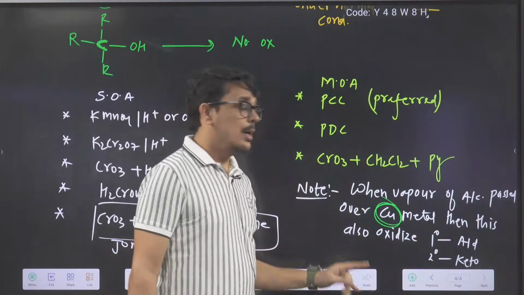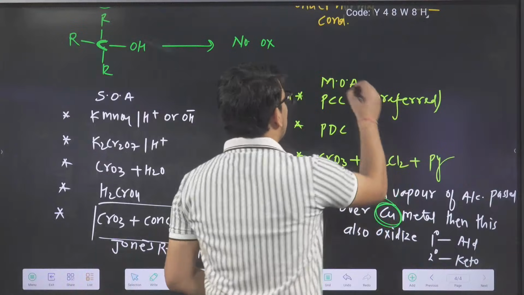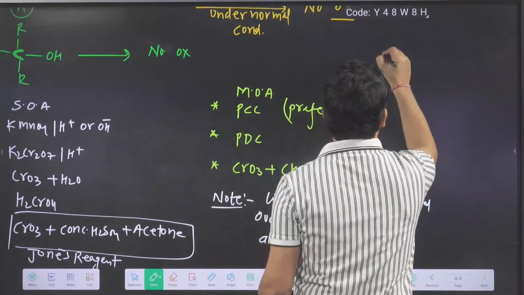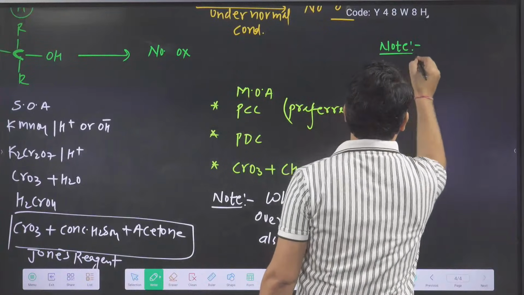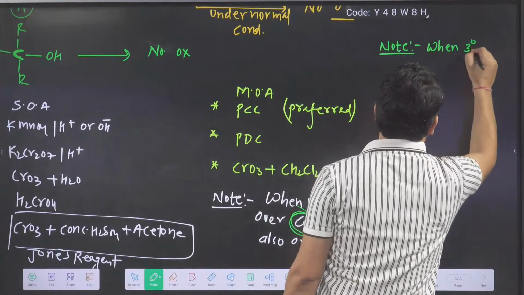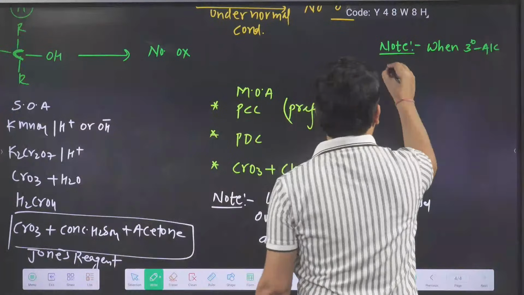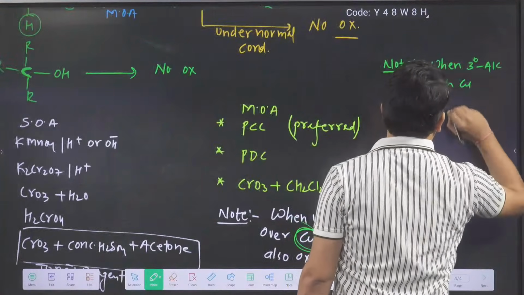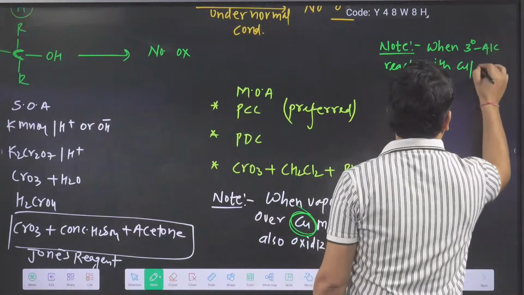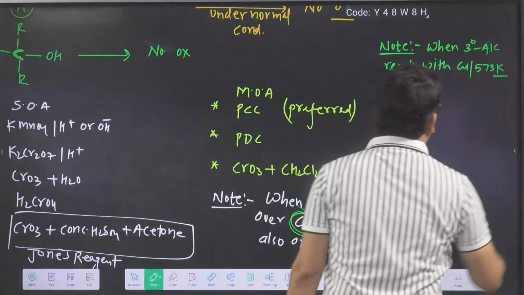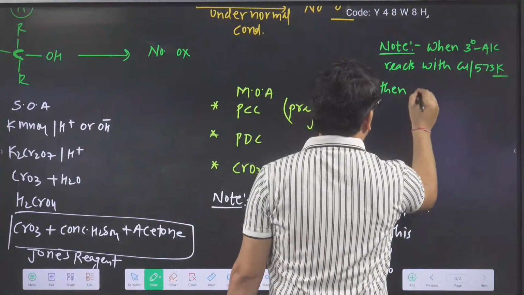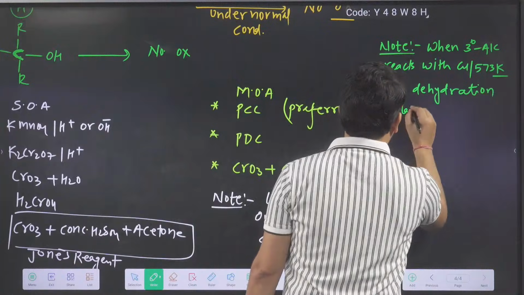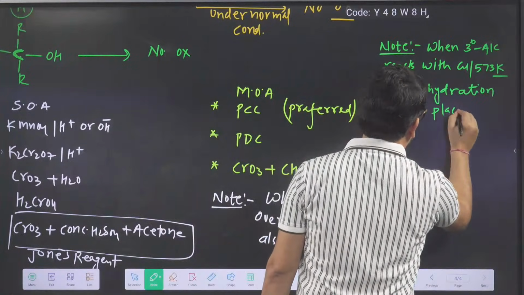Any confusion till here? Now remember one thing. When 3 degree alcohol reacts with copper at a temperature of 573 Kelvin, then dehydration takes place.